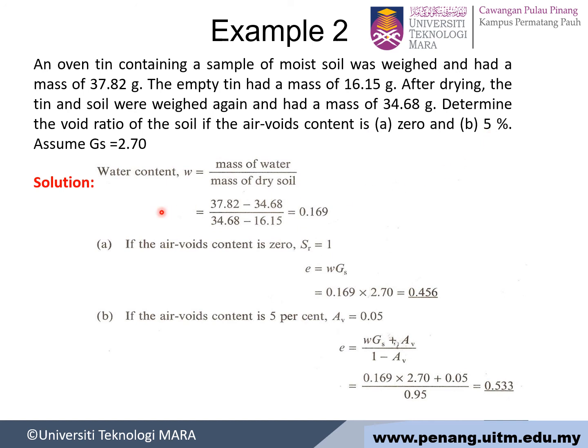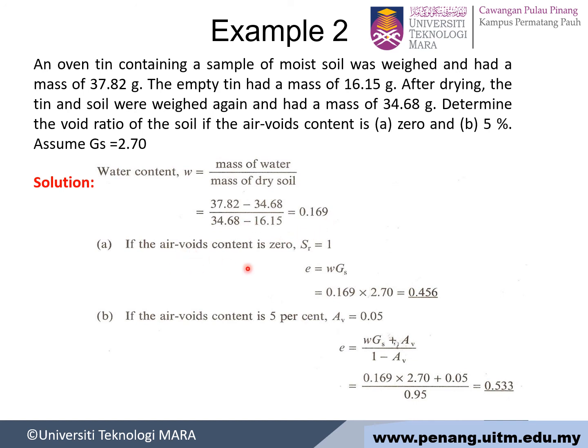First you have to determine the water content. Water content is mass of water over mass of dry soil. Mass of water is 37.82 minus 34.68, so you will get the mass of water. Then mass of dry soil is 34.68 minus the empty mass, 16.15. So you will get 0.169 or 16.9%. That is the water content.